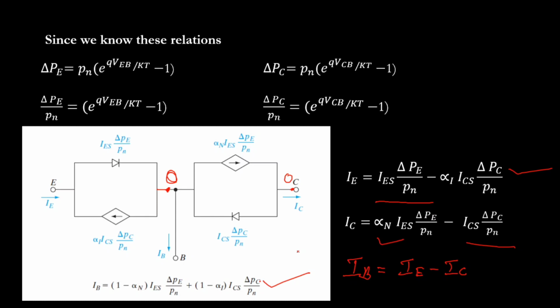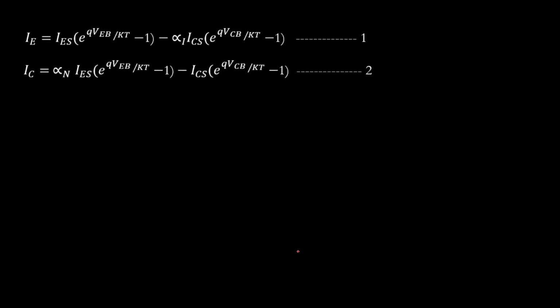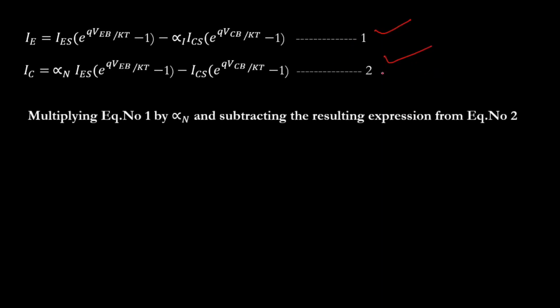Okay. So we are again going to simplify this expression. Look at this. This is my Ebers-Moll equation. I have named them equation number 1 and equation number 2. What I am doing is multiplying equation number 1 with alpha n.